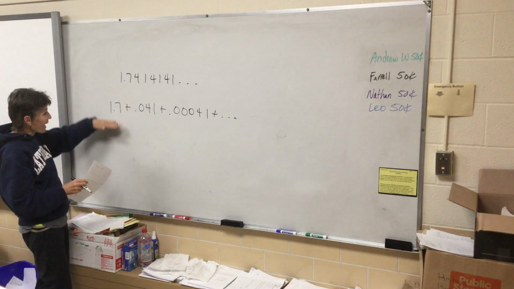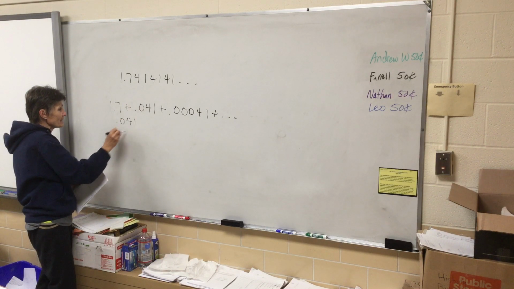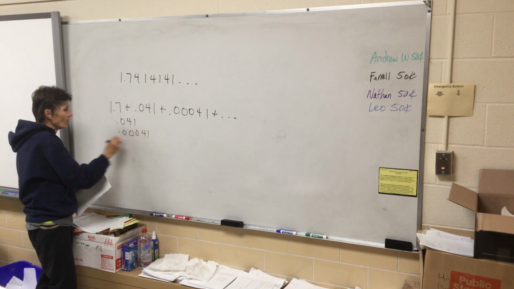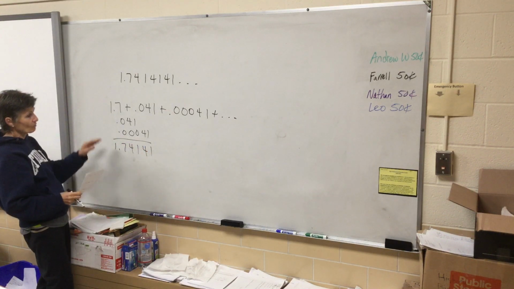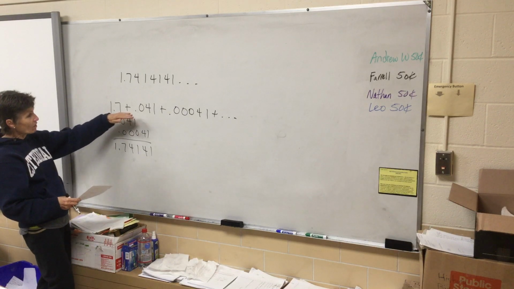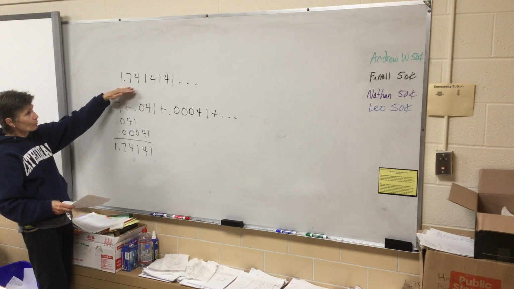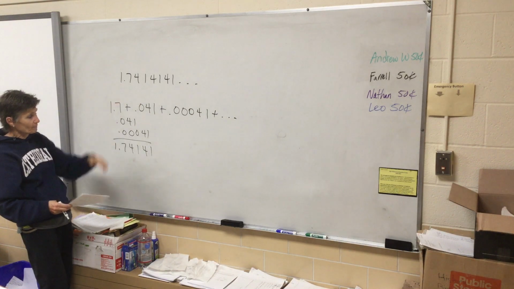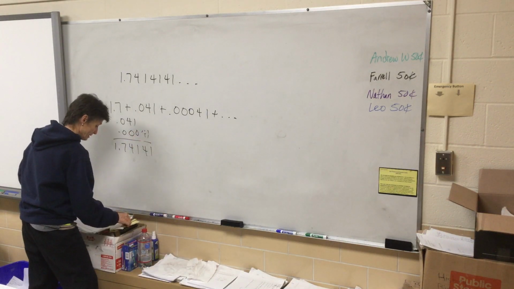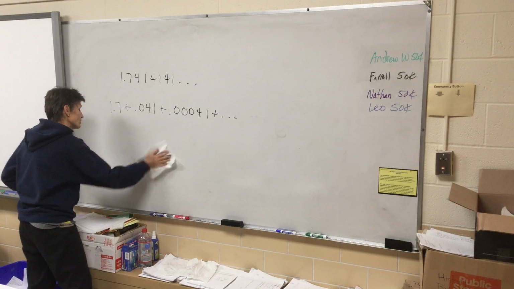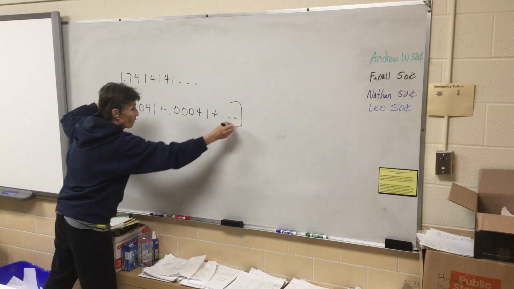Remember, when you add decimals, you line up the decimal points. So if you lined up all the decimal points that I have written up here so far, you'd have 1.74141. That's all I did so far. These are the decimals that would add up to give you your repeating decimal up here. This first number is not part of the pattern, so I have to ignore it, and I'm going to add up this part.